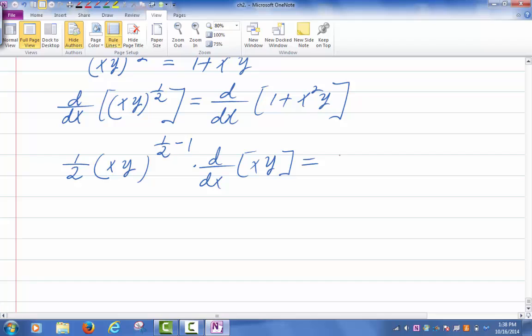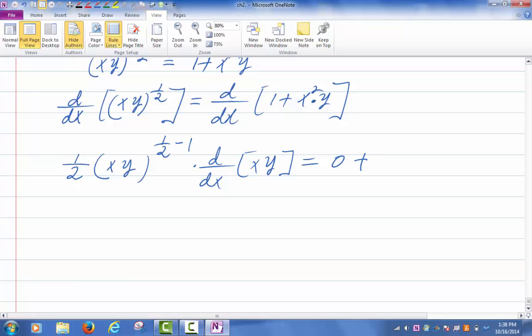And here the derivative of 1 is 0 plus the derivative of x squared times y. You have to view this as the product of the function y and the function x squared, so you have to apply the product rule.